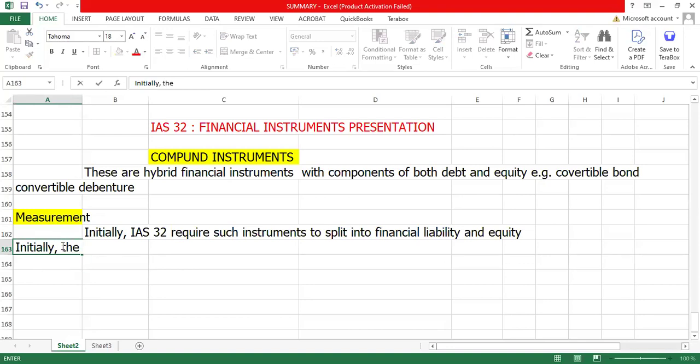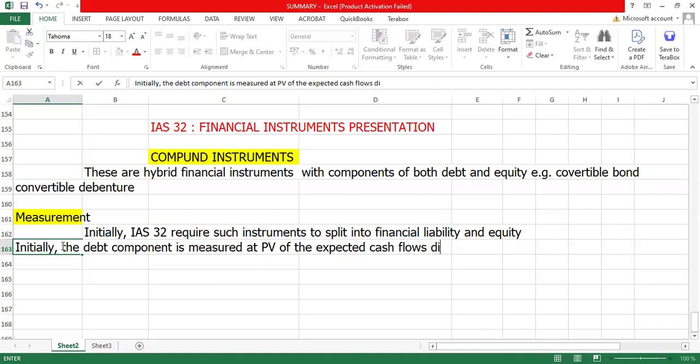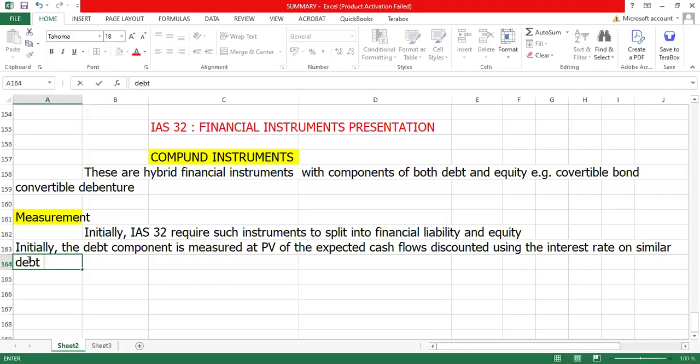Initially, the debt component is measured at present value of the expected cash flow, discounted using the interest rate on similar debt but without conversion.